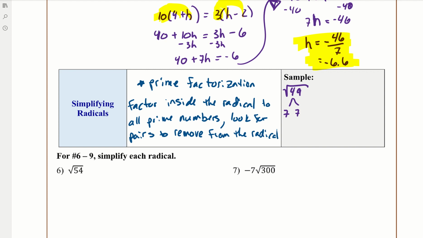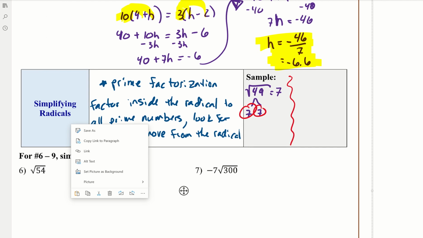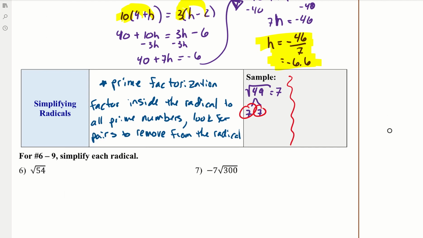Because these are prime numbers, and I have a pair of those prime numbers, those numbers simplify out of the radical, and then nobody is left inside in this case. You can do that one in your head. You know, square root of 49 is a perfect square. You should know how to do that one.